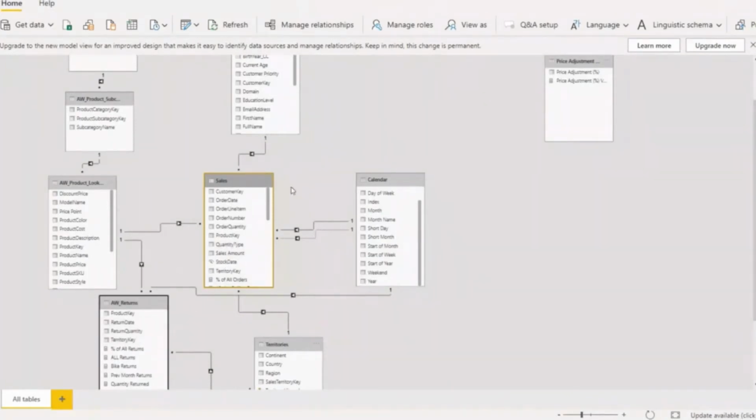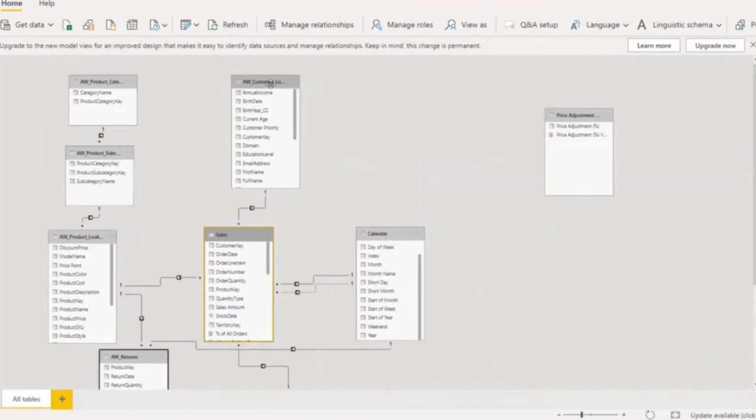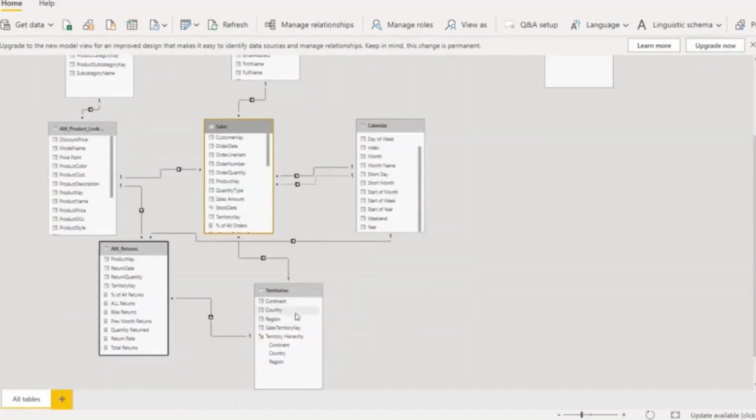The second aspect is the dimension, the lookup table. What is a lookup table, and what is a dimension table? Dimension tables contain the details about the data, about products, locations, customers, an individual customer, or an individual territory.